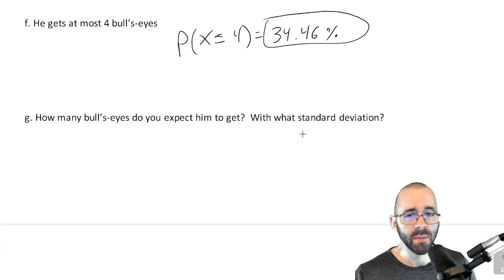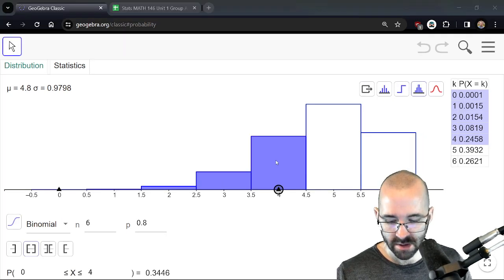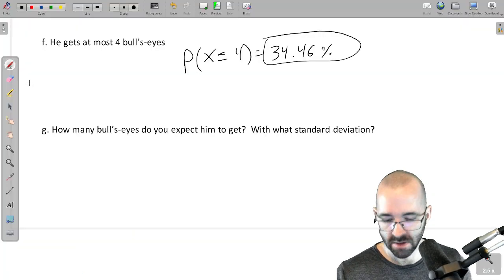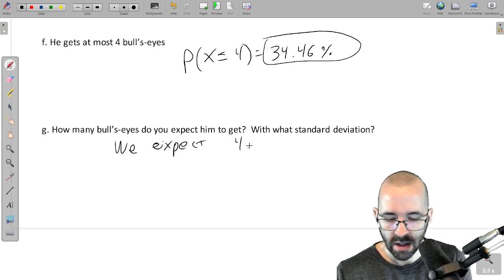How many do we expect him to get? What's the standard deviation? That's our expected value. It's our mu and our sigma. About 5. We'll say 4.8. We expect 4.8 bullseyes.